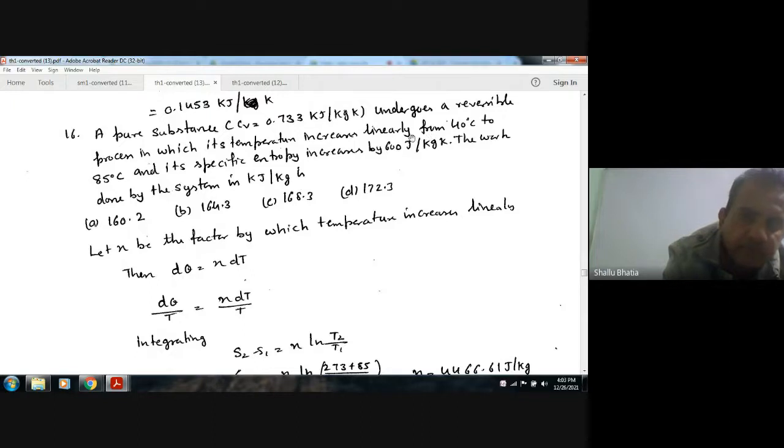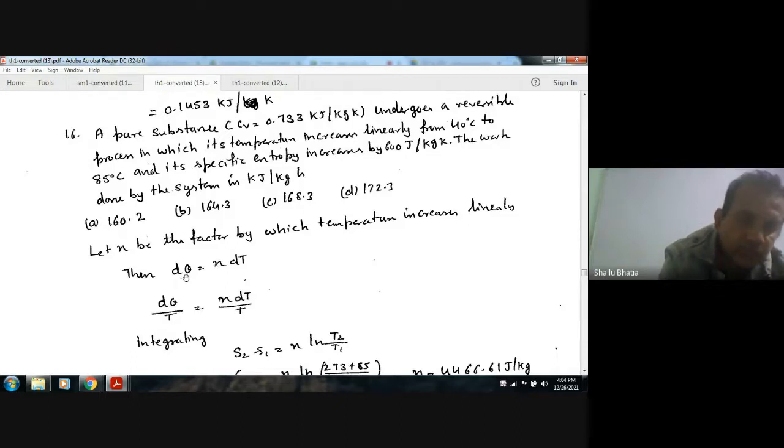We know that dQ is proportional to x dT, where x is the factor by which the temperature change produces heat. If it is a constant volume process, x will be Cv, and if it is a constant pressure process, x will be Cp.